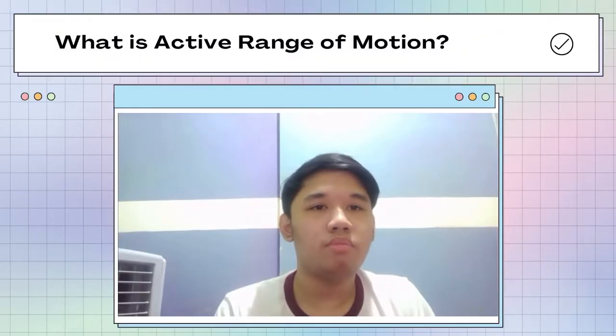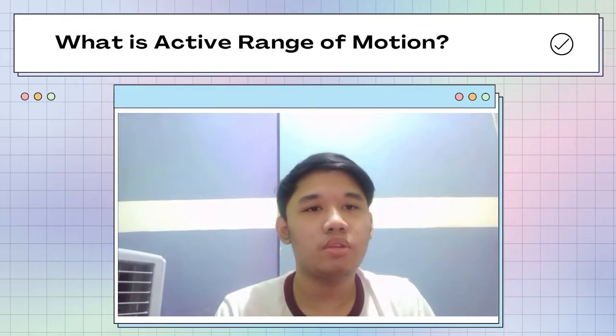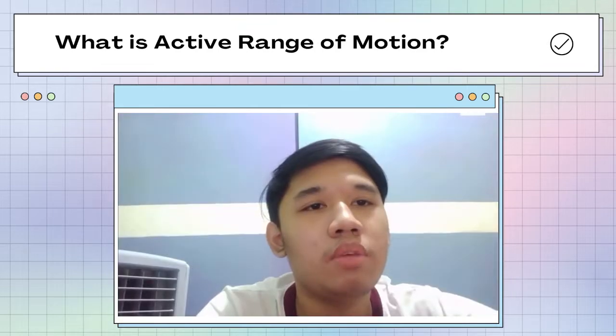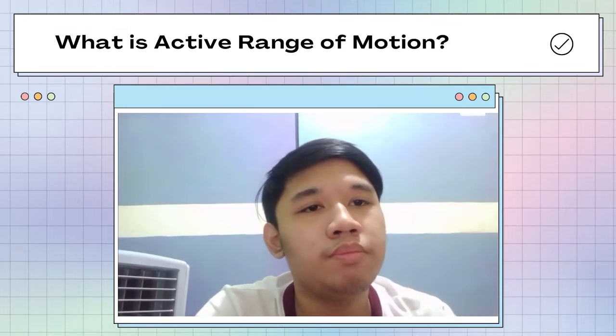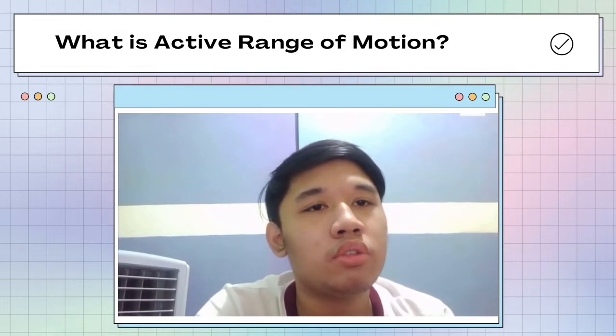Active range of motion is the movement of a joint or body segment produced by active voluntary muscle contractions by the patient within the unrestricted normal range. Active range of motion is a range of motion that can be achieved when opposing muscles contract and relax, resulting in joint movement.